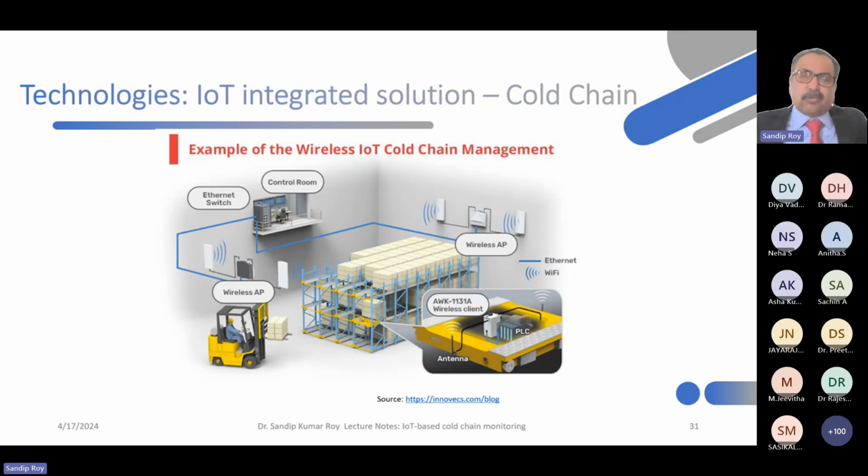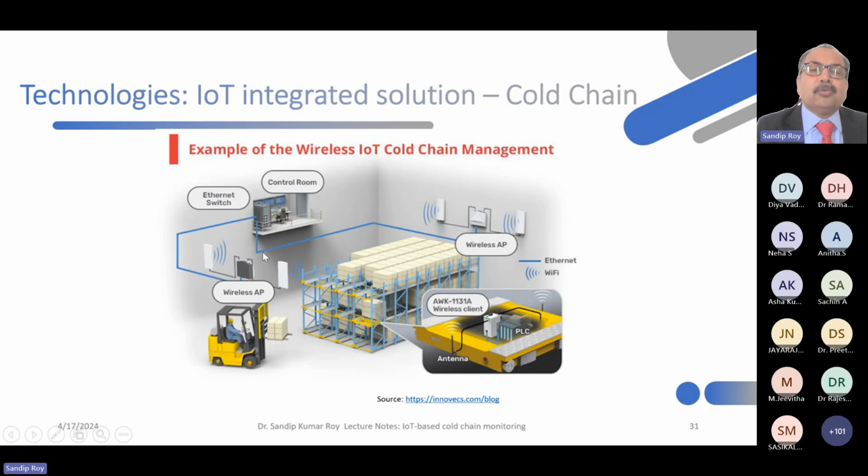Typically within the warehouse, where the temperature is a little lower than conventional, there are again a lot of sensors. All these are Wi-Fi based systems that are connected, and you see the temperature is maintained here and tracked using different sensors.